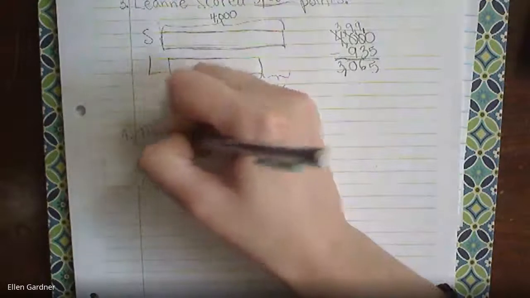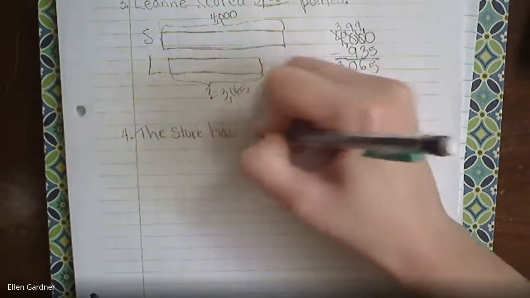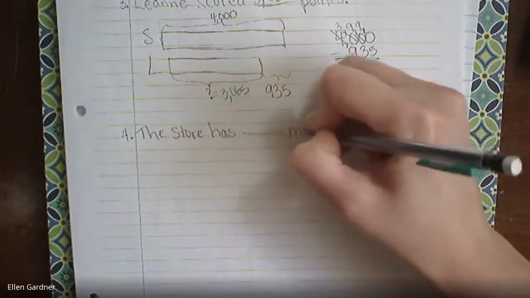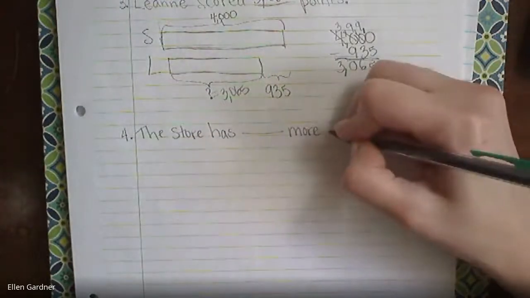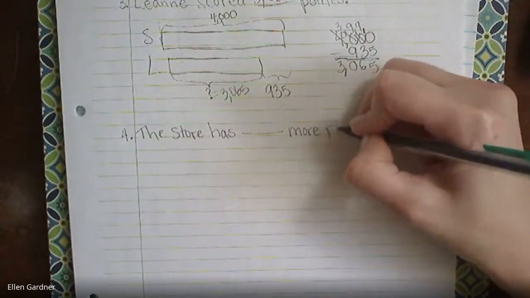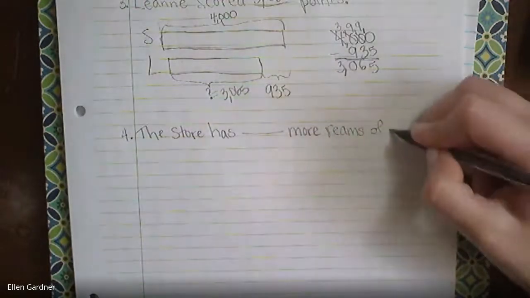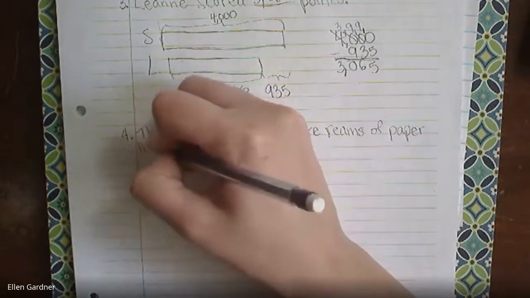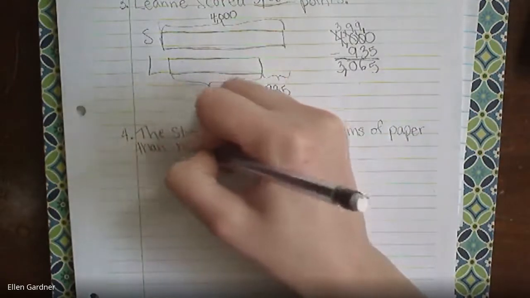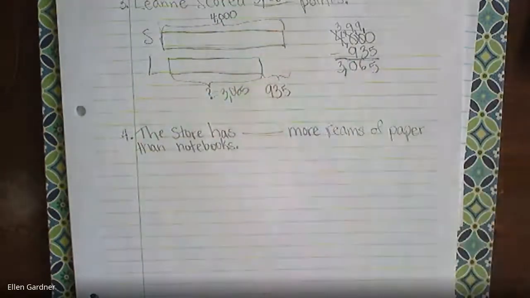The store has blank more, try to remember which one was more, paper, more reams of paper than notebooks. The store has blank more reams of paper than notebooks.